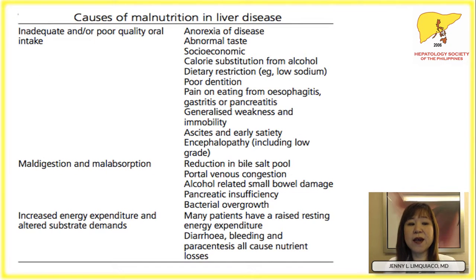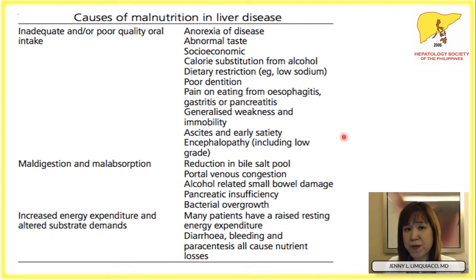Last is about malnutrition in patients with chronic liver disease. So what are the causes of malnutrition? There are quite a lot. It is either inadequate or poor quality oral intake, maldigestion, malabsorption, or increase in energy expenditure and altered substrate demand.